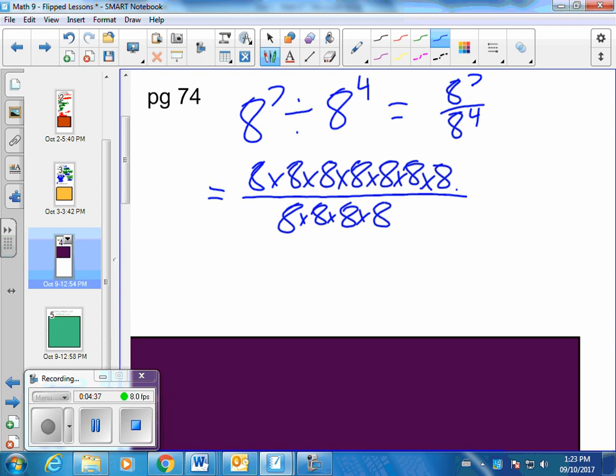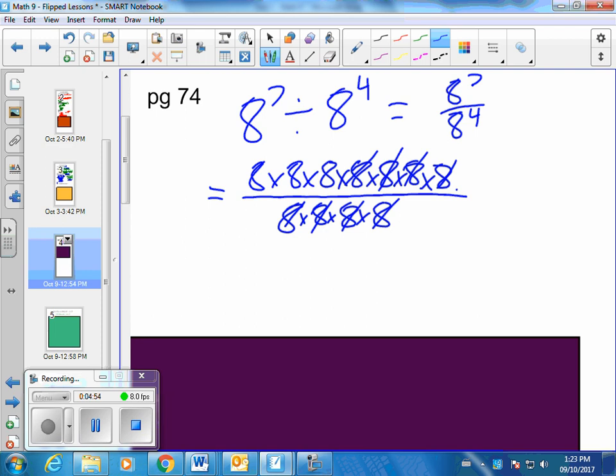Now, we've seen this before in division. If we have things on the top and bottom, we can actually cancel them out. So we are going to match up. We take 1 eight away from the top and bottom. Take another one away from the top and bottom, another one, and another one.